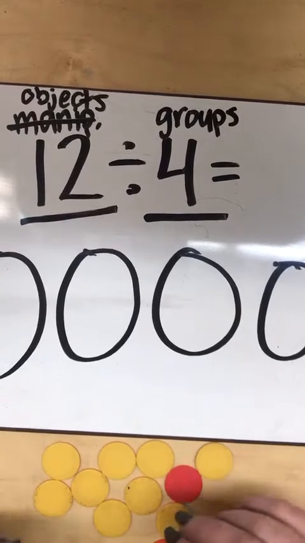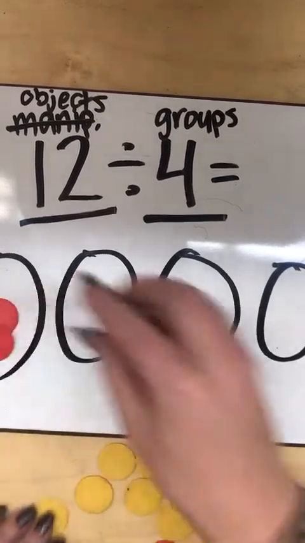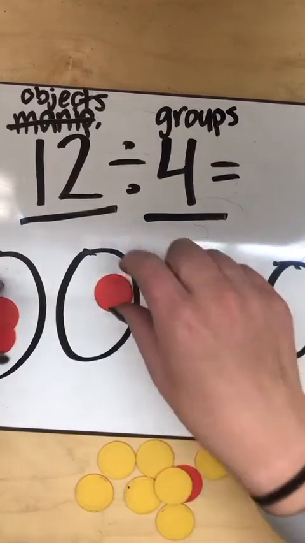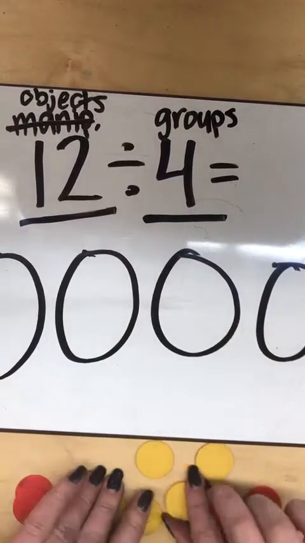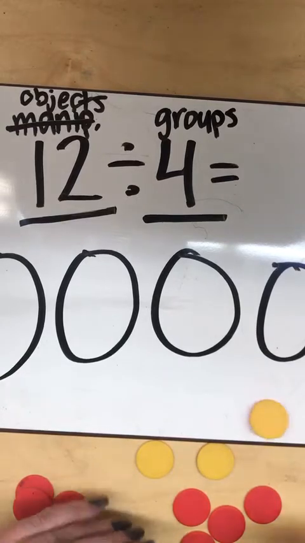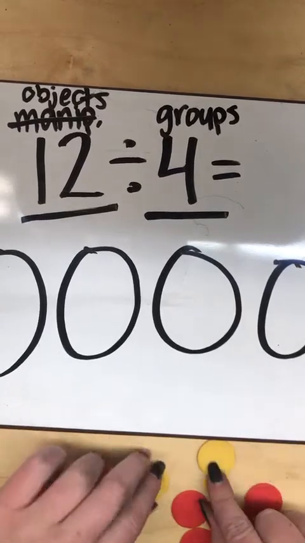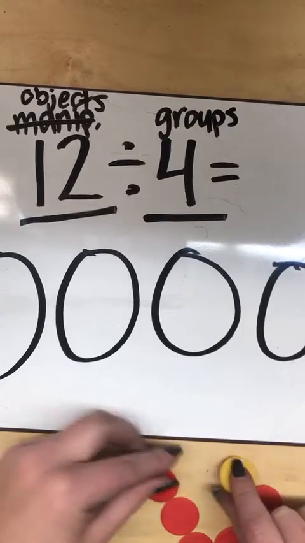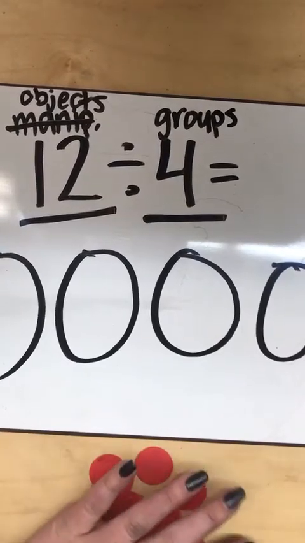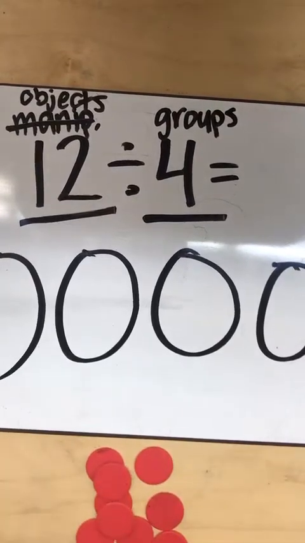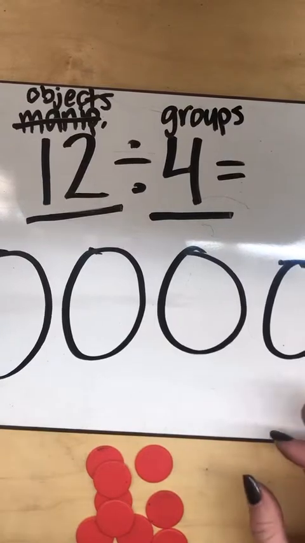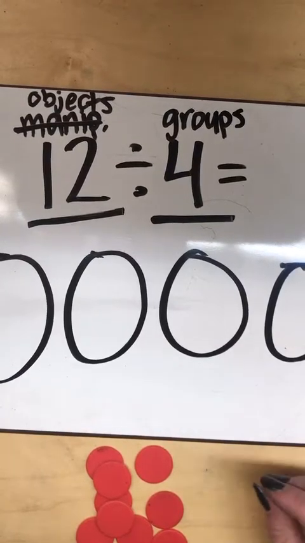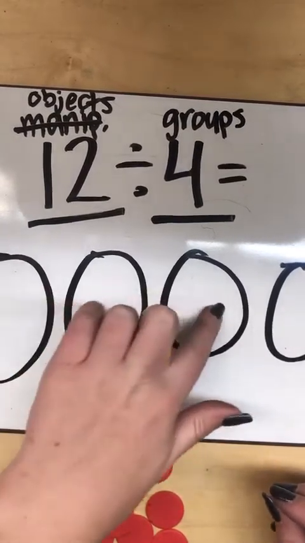Now this is the part where they just like to throw them in wherever they feel like. All students do it, so we have to really focus on the why. I'm flipping it to the red side because I think they're easier to see. I definitely explain the why to all students. We have to make sure the groups are even all the time.